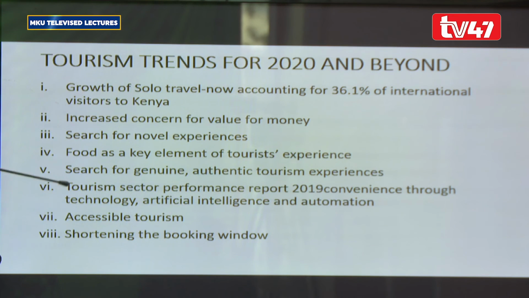Then we also need to search for genuine, authentic tourism experiences, whereby we are looking at new emerging products and tailor-make those products to meet that new trend. And then number six, for tourism sector performance, we should leverage technology, especially in the area of marketing and also booking or reservation.